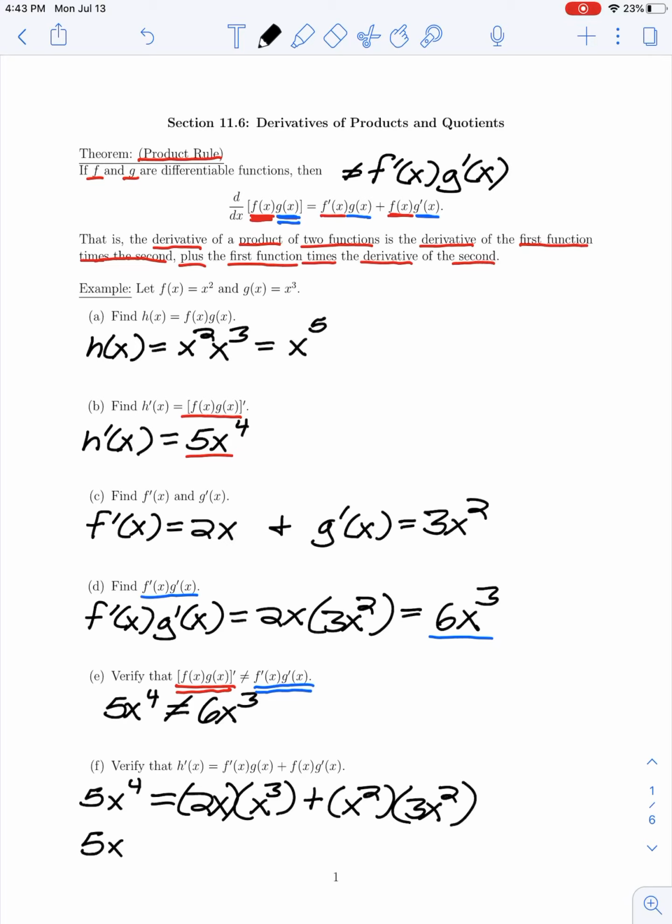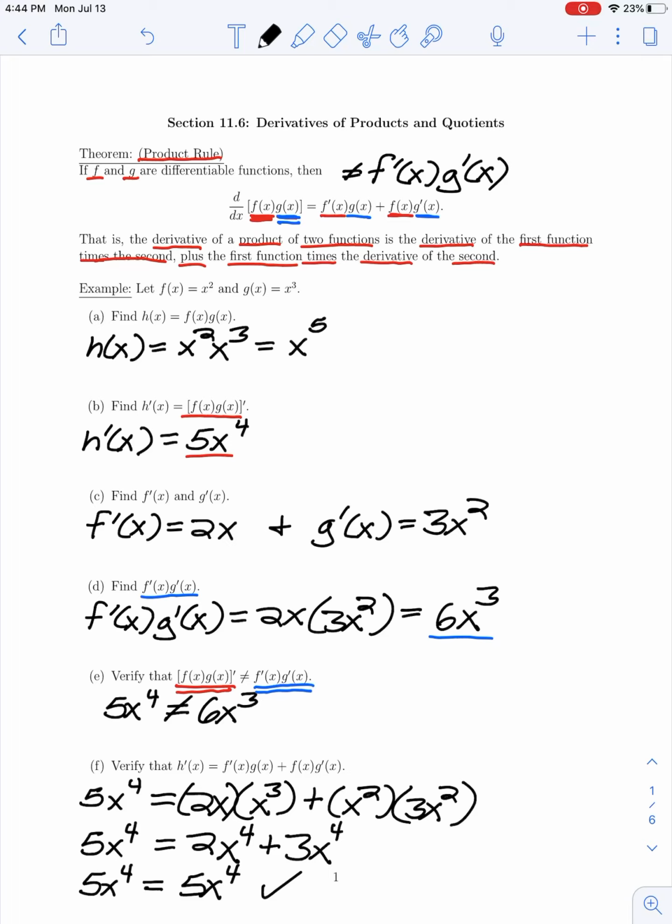So expanding our expression on the right-hand side of this equation, we have 2 times x to the first times x cubed would be 2x to the fourth, plus 3x squared times x squared would be 3x to the fourth. So we have 5x to the fourth is indeed equal to 5x to the fourth.